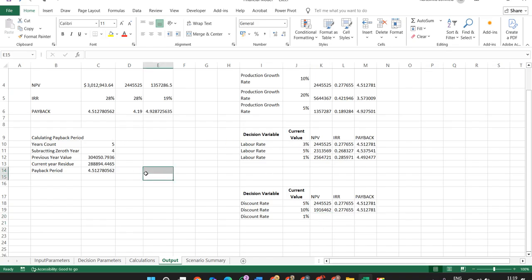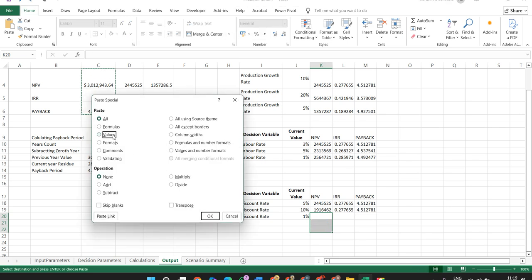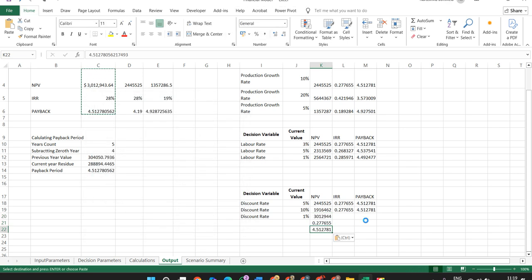Again, here if you see this value, net present value, it increased actually. So this clearly shows that when we change the discount rate, it is not impacting internal rate of return or payback period.